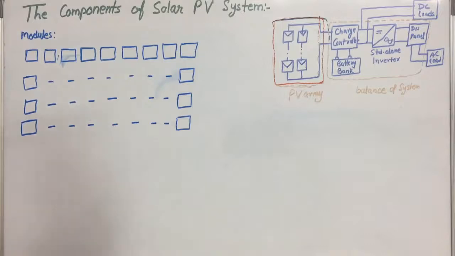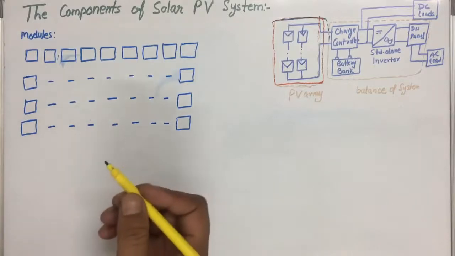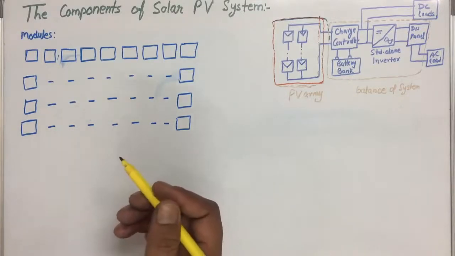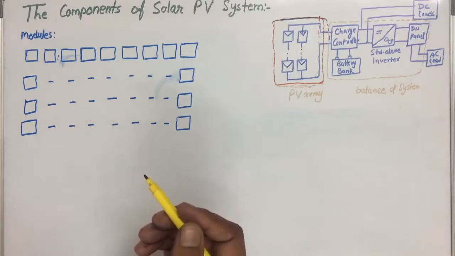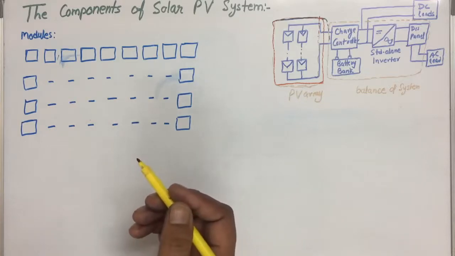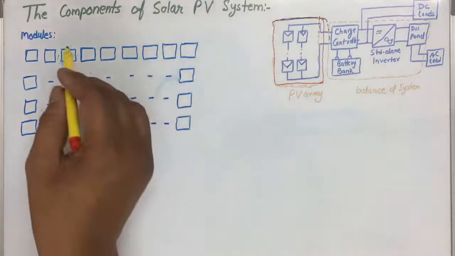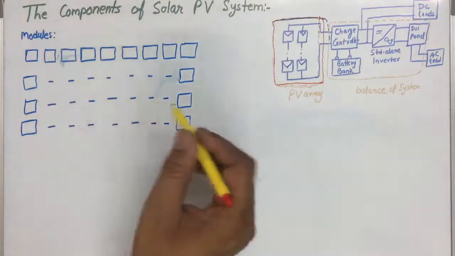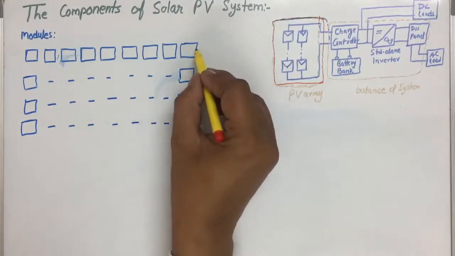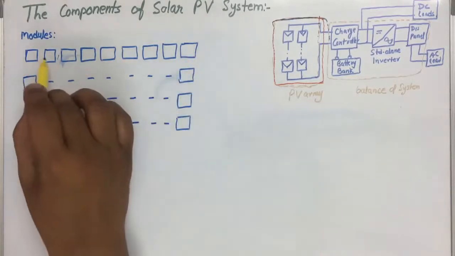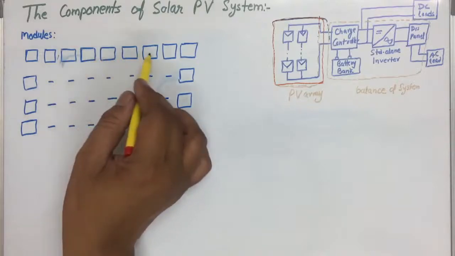Now let us talk about module, where the solar cells are connected either in series, parallel, or series and parallel. So let us have the cells connected in series in a module. This is one cell, 2, 3, 4, 5, 6, 7, 8, 9.